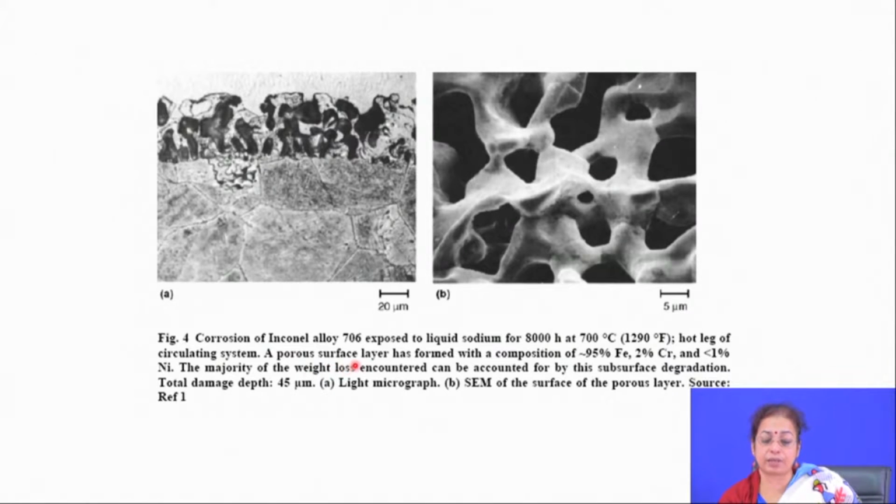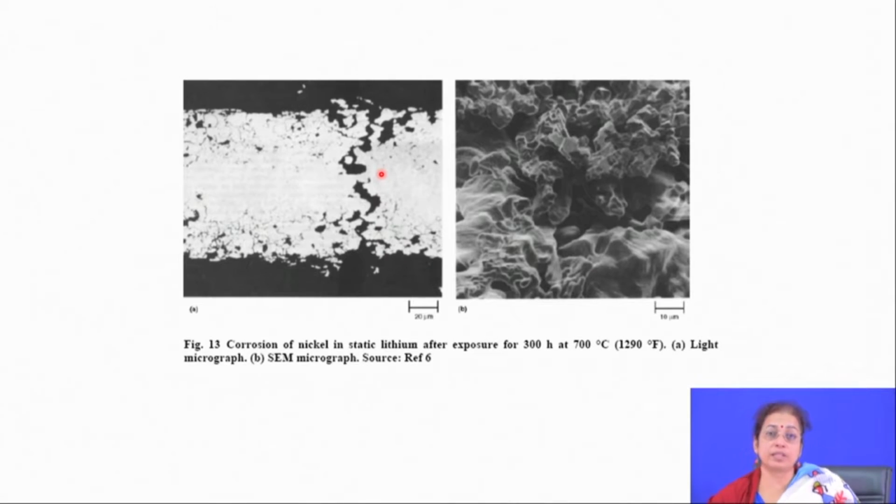A porous layer has formed. This is the cross section. If you see carefully, the porosity content is so high that in many cases it is interconnected in nature. So, this component will fail at a much faster rate when it is subjected to tensile stress.